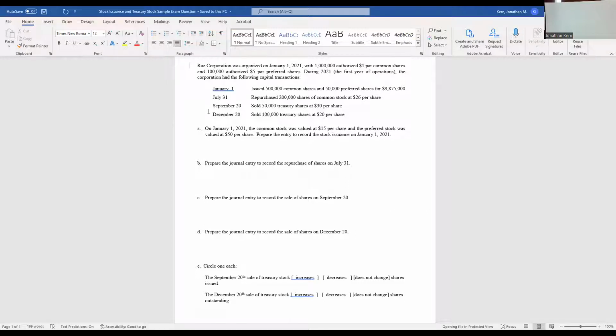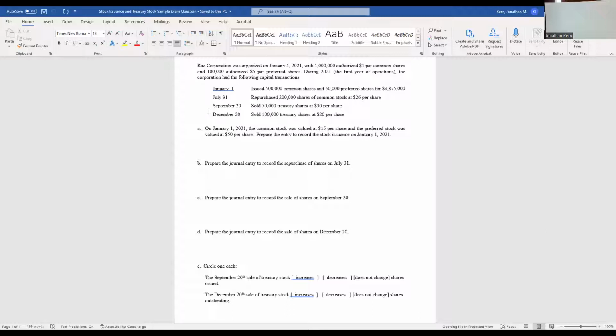Raz Corporation was organized on January 1st, 2021, with 1 million authorized $1 par common shares and 100,000 authorized $5 par preferred shares. During 2021, the first year of operations, the corporation had the following capital transactions.